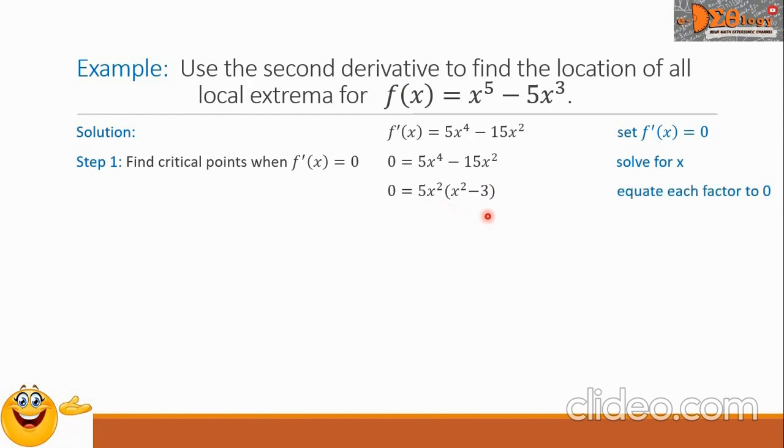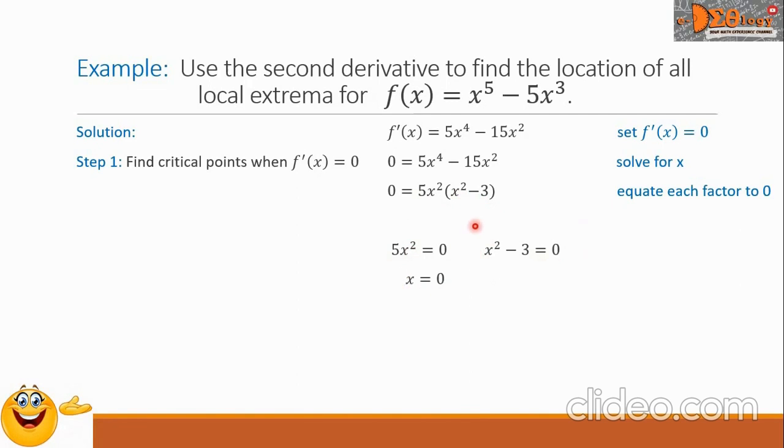Now, let us equate each factor to 0. So we have 5x squared equals 0, and x squared minus 3 equals 0. Solving for x in the first equation, we have x equals 0.